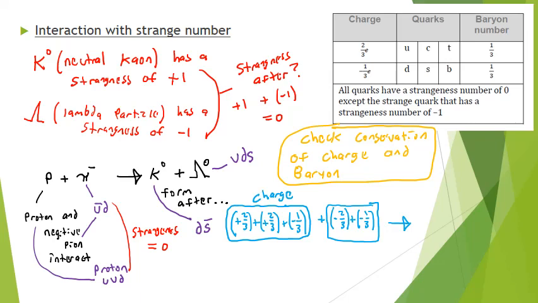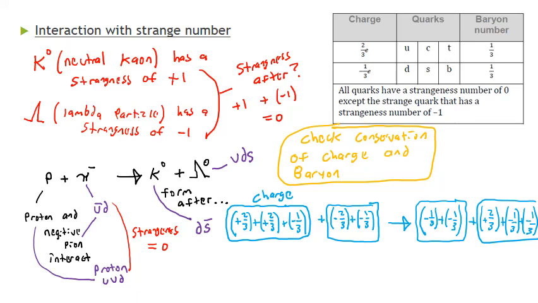So if we look at that, the charge before with the proton is positive 2/3 plus positive 2/3 plus negative 1/3, and then we add this to the negative pion, which is negative 2/3 plus negative 1/3.